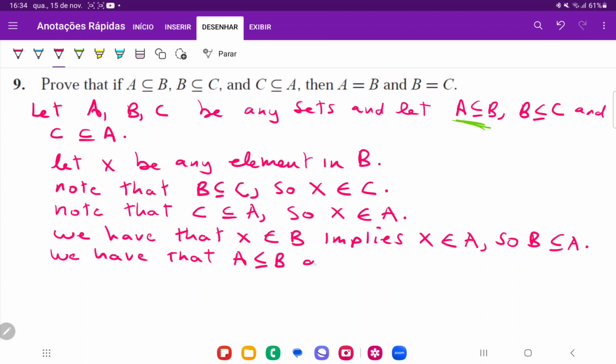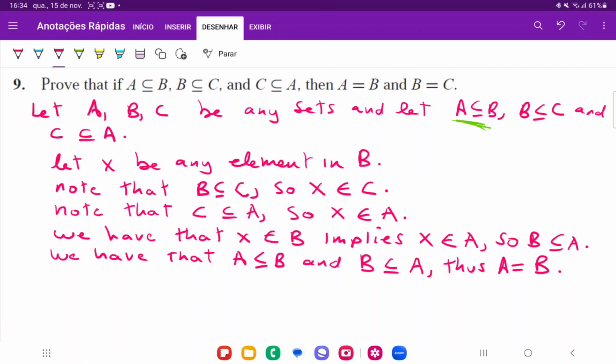And we just showed that B is a subset of A. And remember that we showed this because we showed that any element in B must also be in A. And so thus A is equal to B. So we've shown the first part because we've shown a double inclusion.